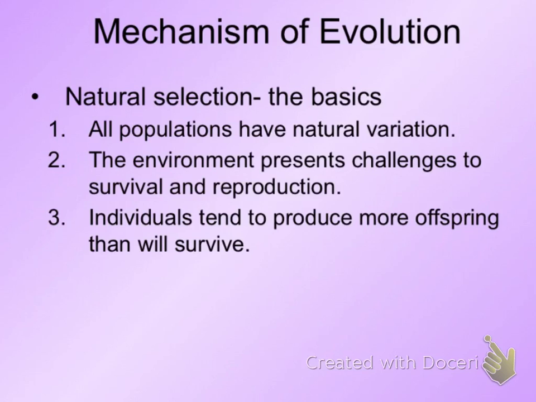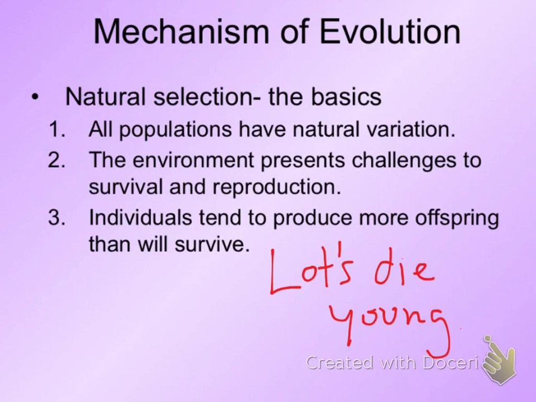An offspring. They represent a potential new... Lots. Die. Young. So everything is slightly different. Life is tough. Lots die young. Lots of organisms never make it to maturity.